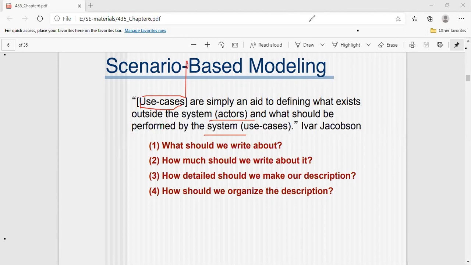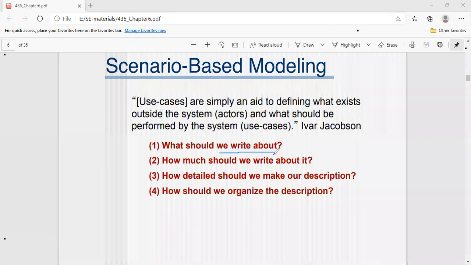Clear? Now here we have four points for how to build use cases. In the first step, what should we write about?